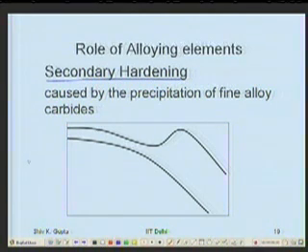During tempering, this is the hardness. And here is the temperature of tempering. This is the iron 0.8% carbon steel.